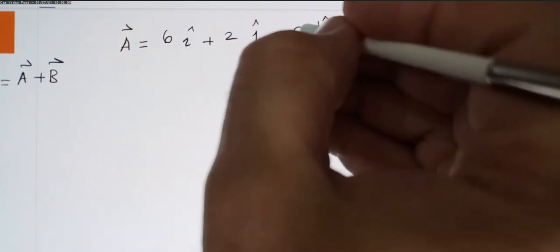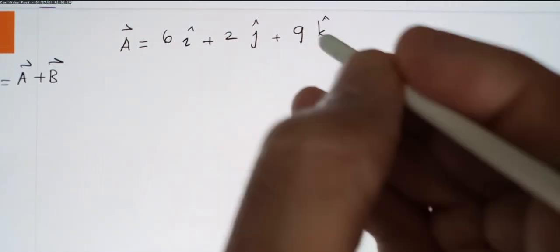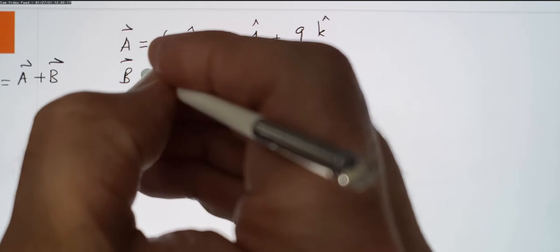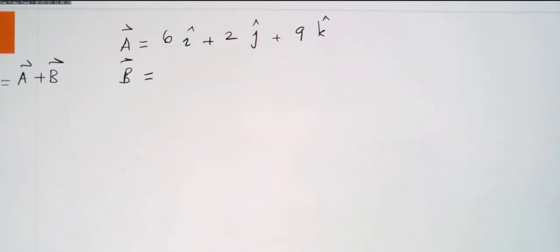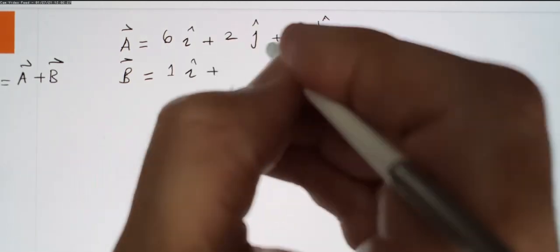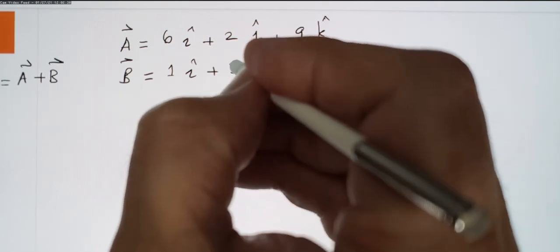Well done: 6, 2, and 9. Come on, give me numbers for B. 1, 2, 3. Mashallah. 1, 2.